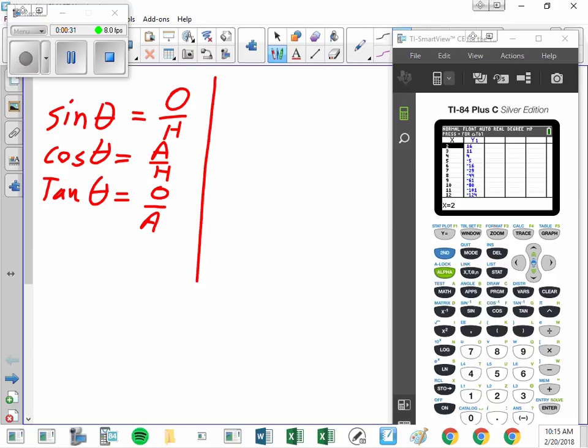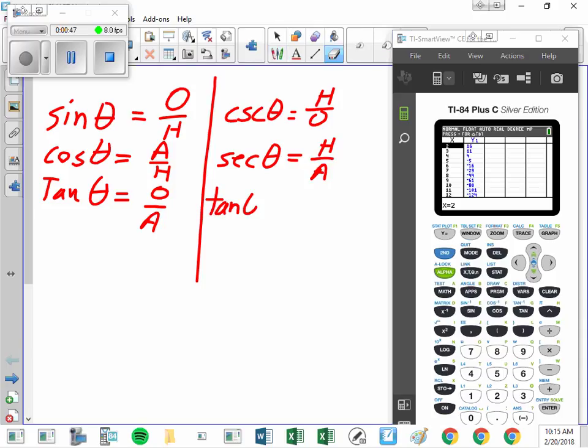Okay. Then connected with those are the cosecant of theta, which is H over O, the secant of theta, which is H over A, and the cotangent of theta, which is A over O. The way I remember that: sine is attached to cosecant, and cosine is attached to the regular secant.